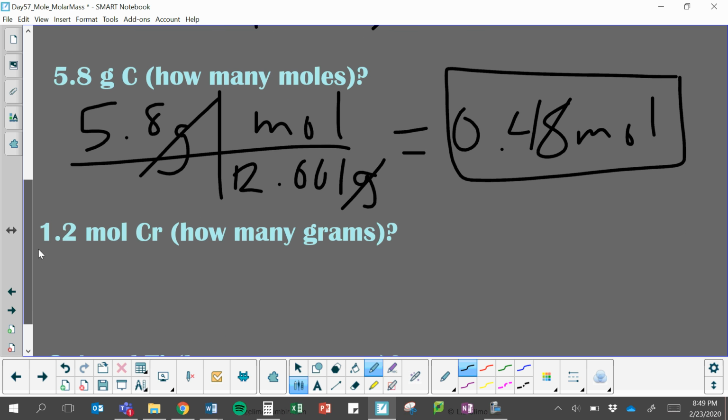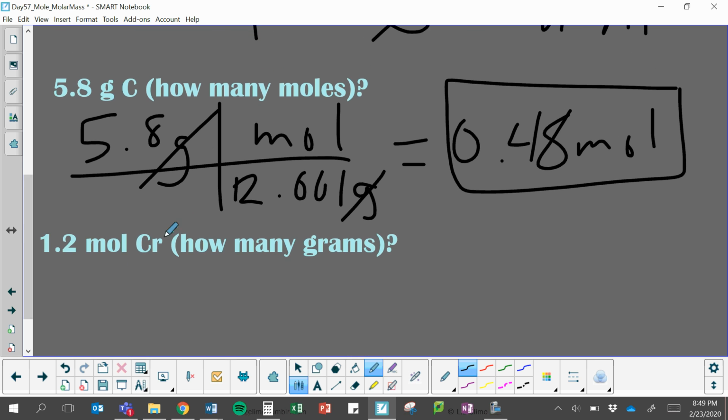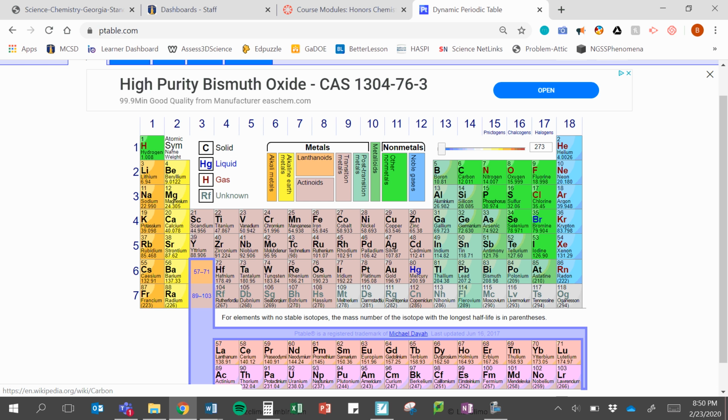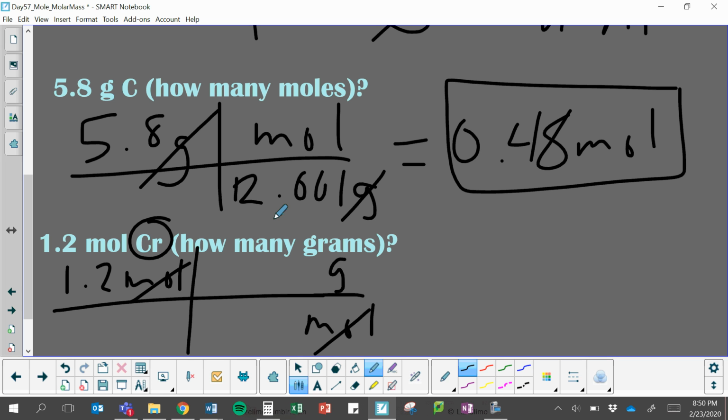Okay, so now we're going to do it the opposite way. Now I'm giving you moles and you need to tell me how many grams. So we do this very similarly. We put 1.2 moles. So this time we put moles on the bottom because that's what we want to cancel, and grams on the top. We look up the molar mass of chromium, which is here, 51.996.